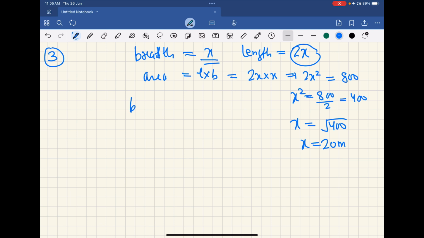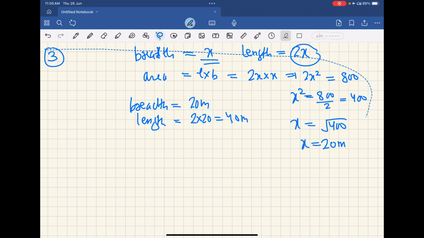Okay, so we will say yes, it is possible. Breadth of such a rectangular mango grove should be 20 meters and length should be 2 into 20, which is 40 meters. Okay, काफी simple question है.